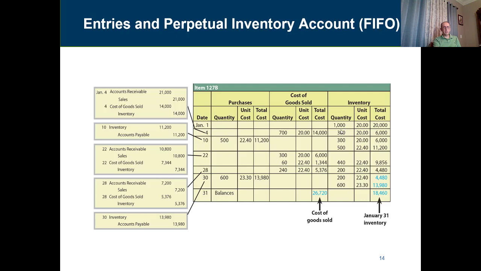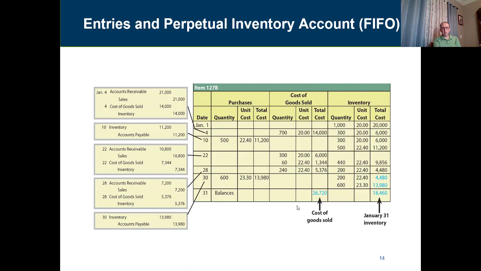So if we start by looking at January 1st, we record January 1st, and we bring our beginning balance. We have 1,000 units. Each unit is worth $20 for a total cost of $20,000. And then the first transaction was a sales transaction. So we record January 4th, and then we move to the column related to the cost of goods sold.